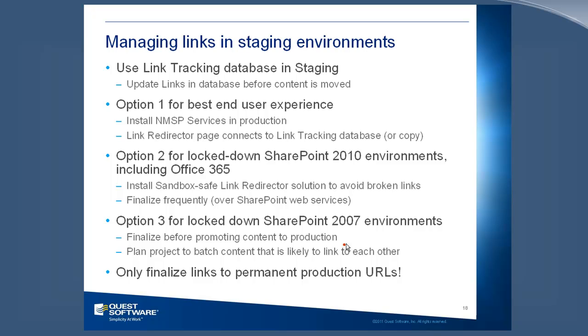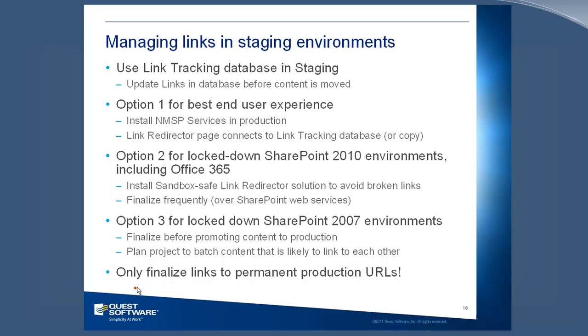So if you have 5 databases that are likely to cross-link each other, migrate all 5 of those databases to staging, finalize those links so we have permanent links, and then promote that content to production. Because once it's in production, if you don't have this import service installed, you're not going to be able to finalize things after the fact. So be sure to finalize things before you do the promotion in that case.